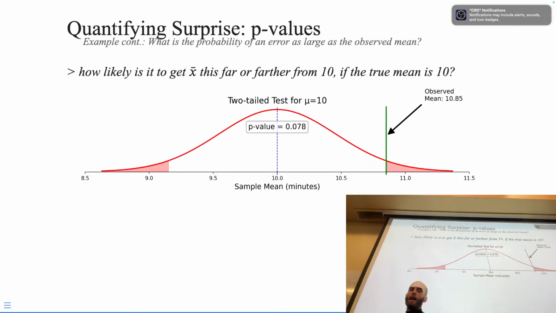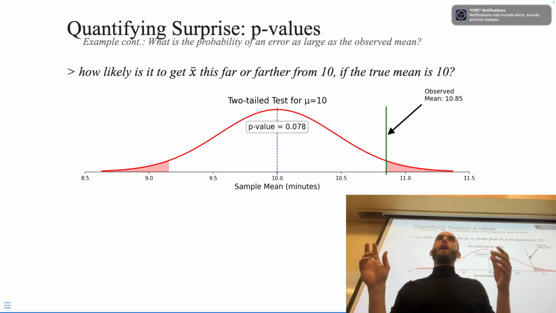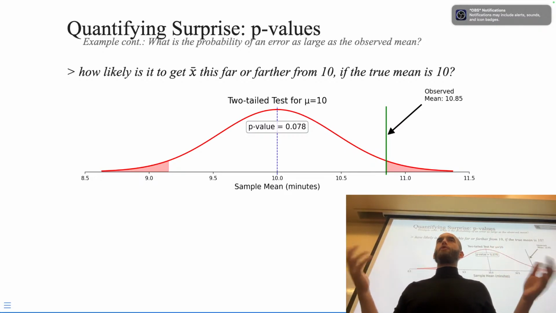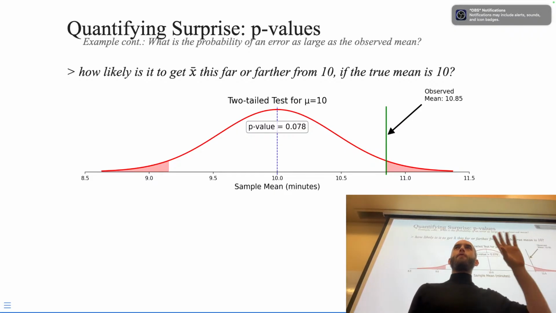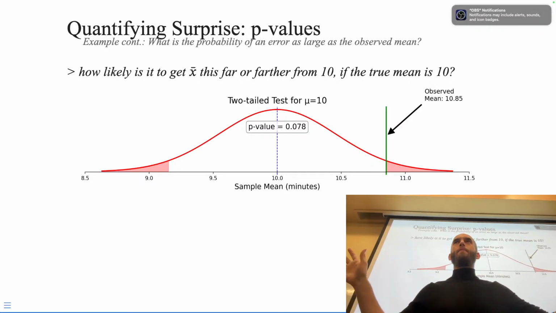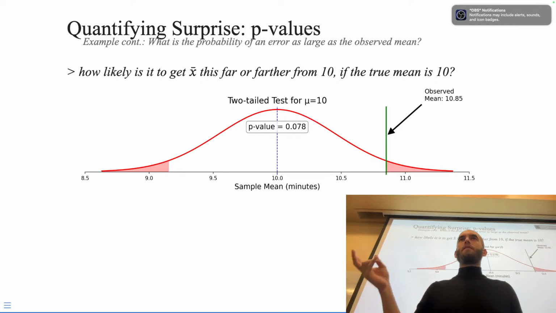We're saying, how likely is it to get something like X bar or greater, and in both directions? We're really only going to do tests where we have two tails. In your stats class, you may have seen the distinction between one tail and two tails. Here, the default, in basically every area of science, is to use two tails.